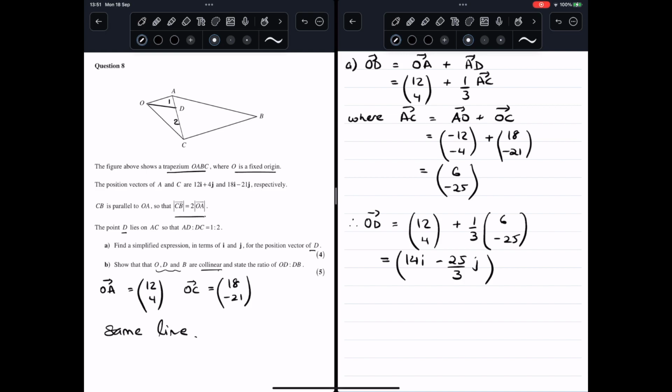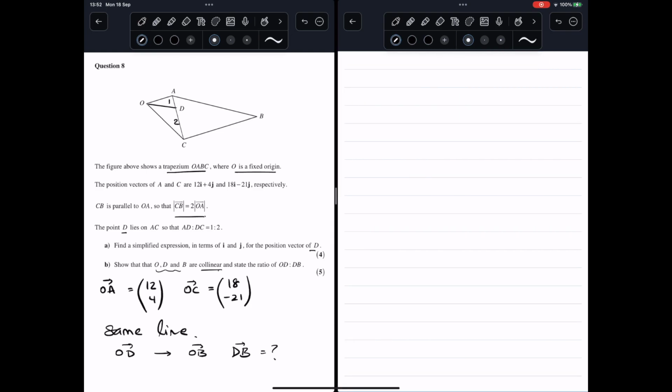So if I need to work out the ratio of OD to DB, I can think of OD being written in terms of OB. But I also need to find out what DB is, because that's one of the ratios I need. So DB is to be found as well.